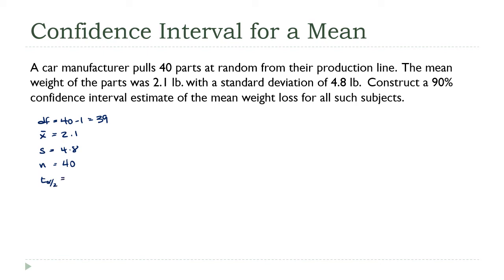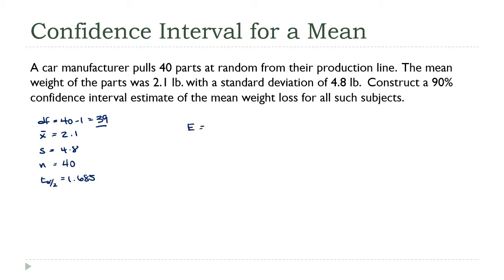Well, we're going to go to the 90% column, right? Still doing a two-tailed test. So you're going to find 90% in the two-tailed row. That'll be the column you're going to use. And you'll go down to row 39. That's the degrees of freedom. And if you do that, you should get 1.685 for the t-score.